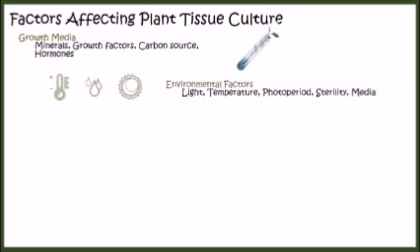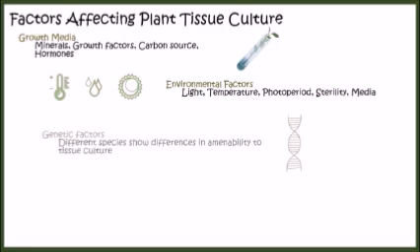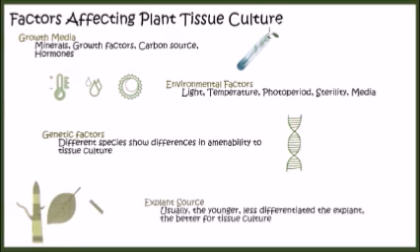After that, temperature, humidity, sunlight, all of these conditions have to be met for proper plant growth, and that needs to be provided artificially. Genetic factors are always present for a proper growth of plant from a tissue culture setup.